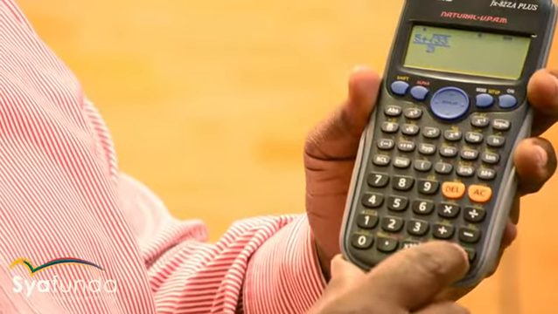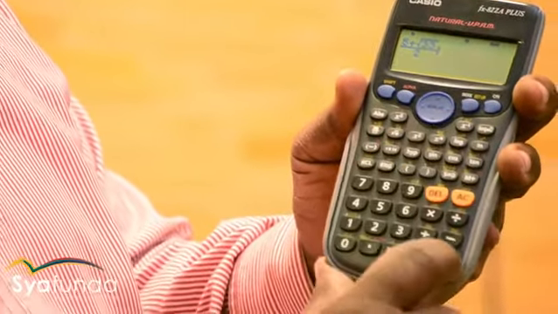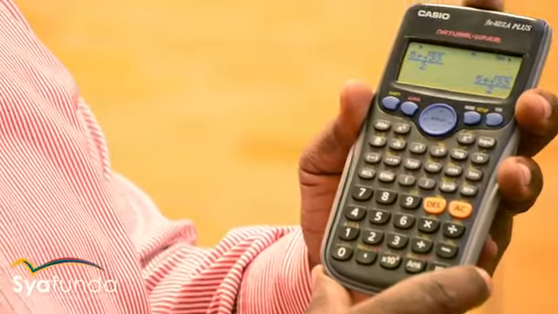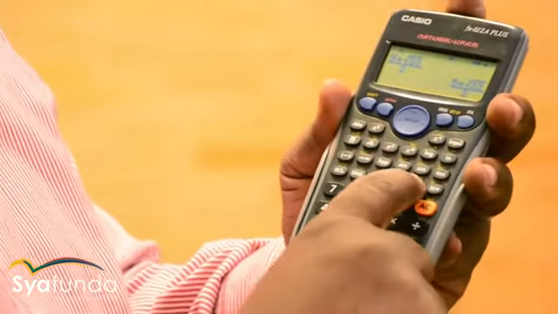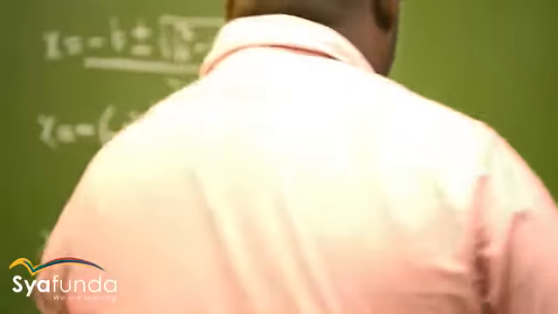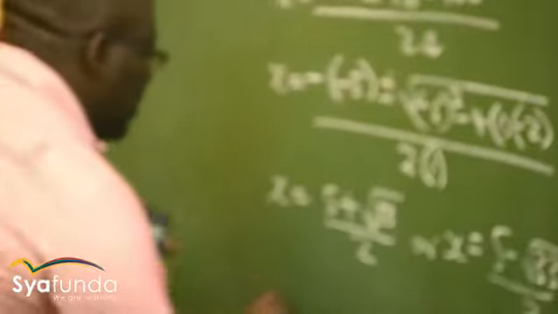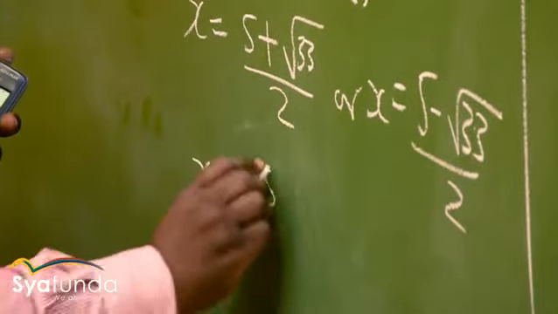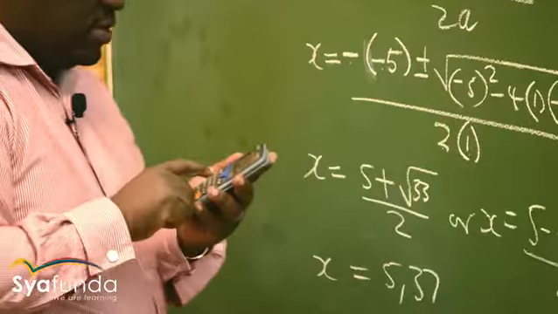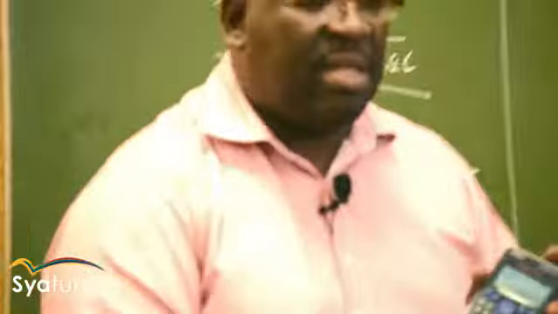What do I have there as my answer? I have 5,37. So x this side will be equal to 5,37.